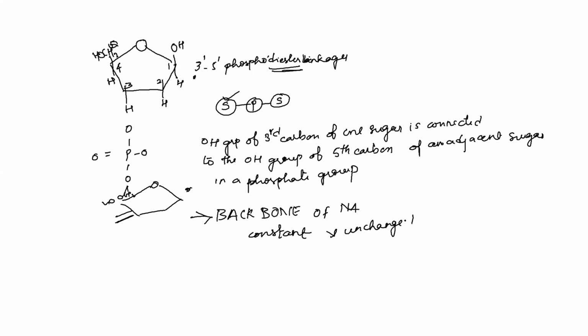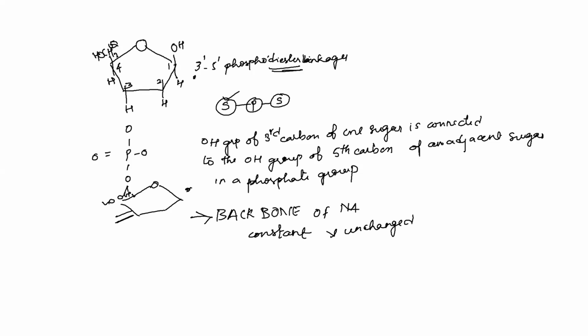Do you get it? So we learned that the nucleotide is composed of sugar, phosphoric acid, and a nitrogenous base. We are talking about sugar. The sugar mentioned is deoxyribose sugar. The difference between ribose and deoxyribose is that in the place of the second carbon OH, the OH is not present. It is only the H which is present.